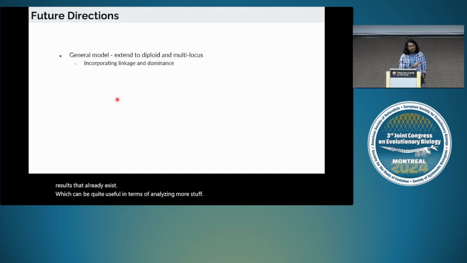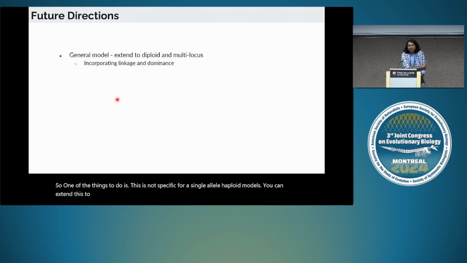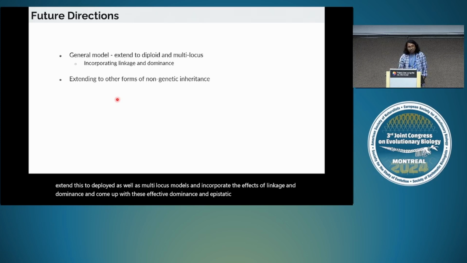So one of the things to do is, this is not specific to single allele haploid models. You can extend this to diploid as well as multi-locus models, and incorporate the effects of linkage and dominance and come up with these effective dominance and epistatic parameters. I'm also interested in extending this to general non-genetic inheritance, including maternal and paternal effects and so on.